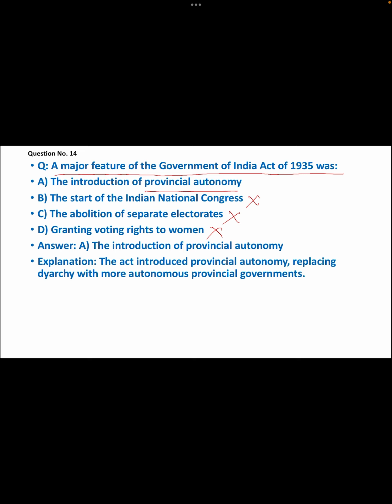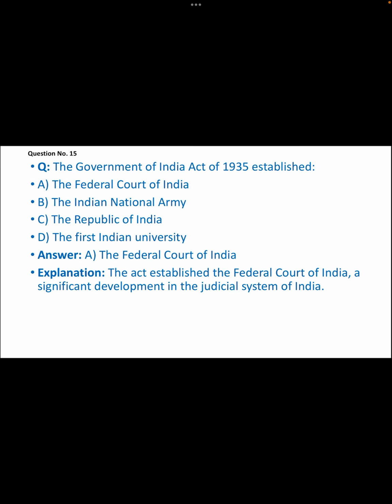So the right option is the introduction of provincial autonomy. 1935 also talked about some sort of federation in India. All India Federation means some sort of autonomy to the provinces. So the right answer is A. The act introduced provincial autonomy, replacing dyarchy with more autonomous provincial governments.